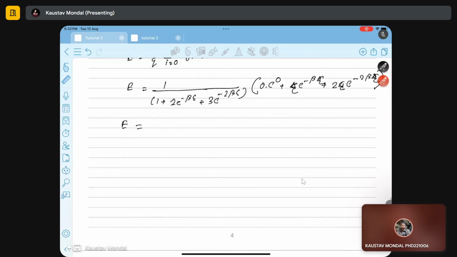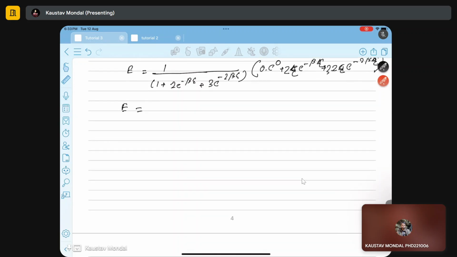So now the expression would be, okay, I forgot to add the g values. g is here first, it is 2, then it is 3, so 3 into 2.